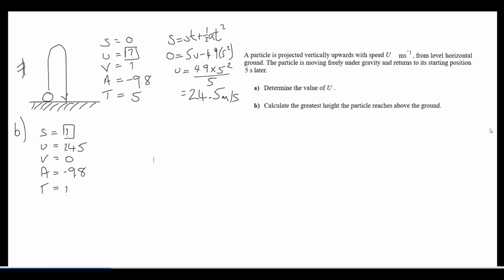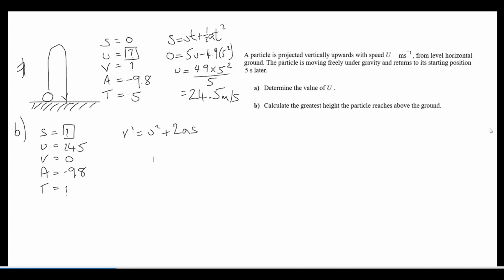I say it's an unknown time, but actually symmetry could have let us know that that will be 2.5 seconds. It's going to be half of the flight path of this particle. So actually I could have used 2.5, but let's stick to the things that we know or have deduced so far. Okay, so once again, putting these into the correct formula, it looks like this is going to be v squared equals u squared plus 2as.